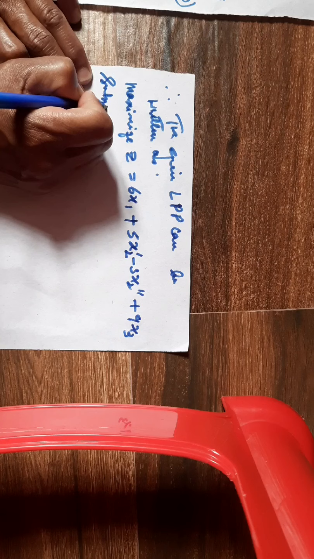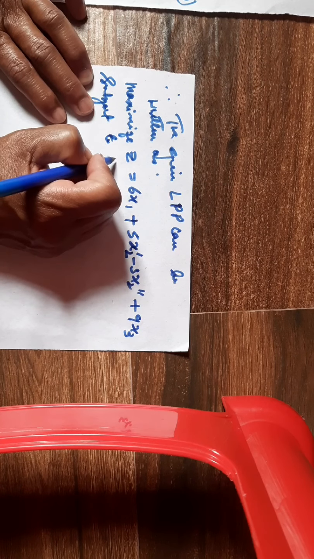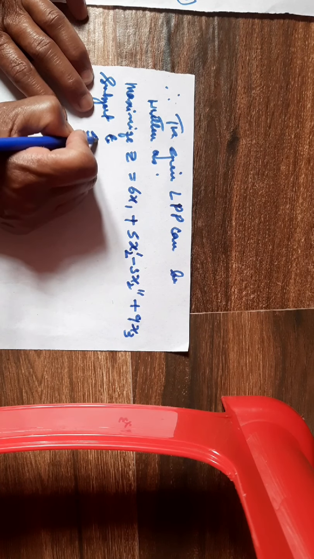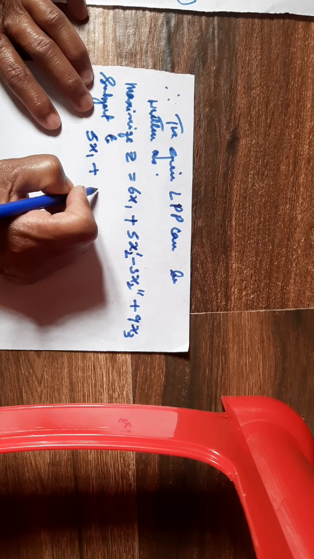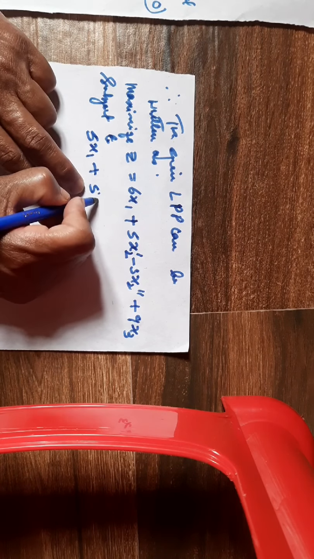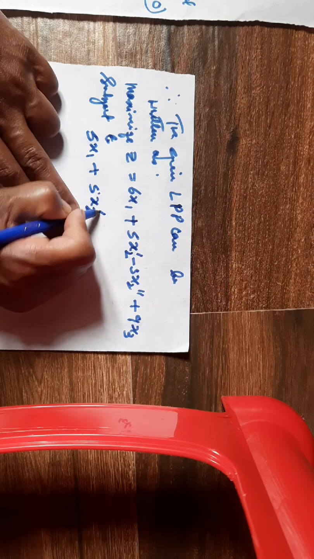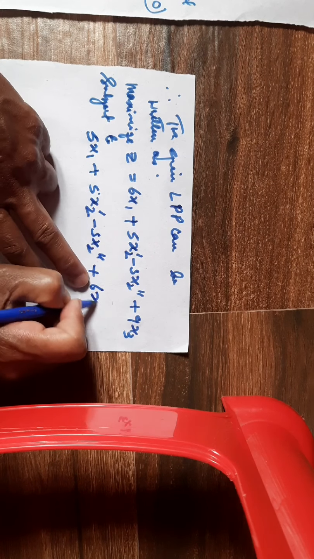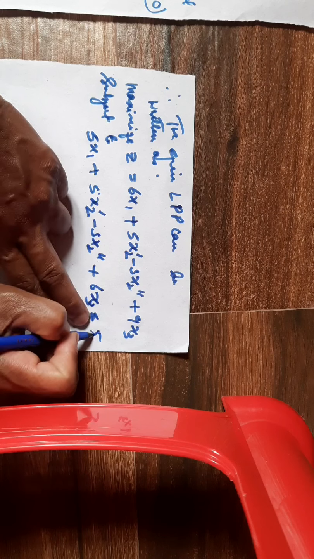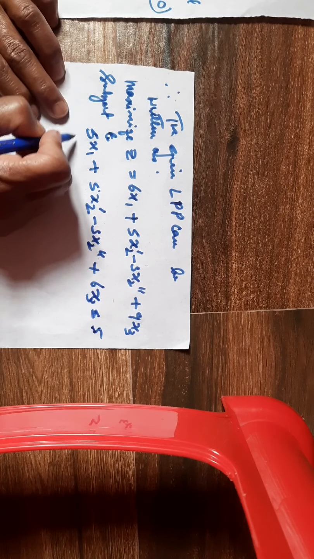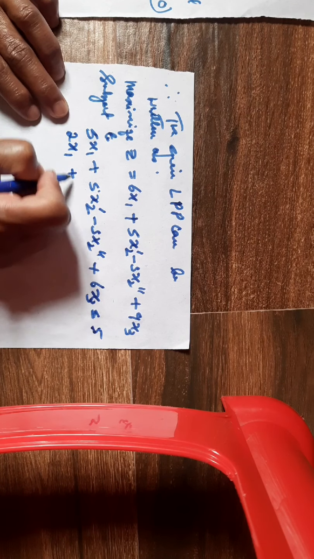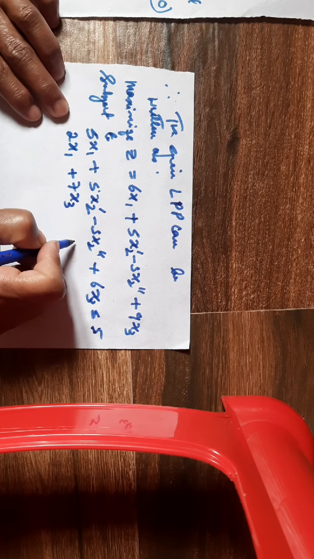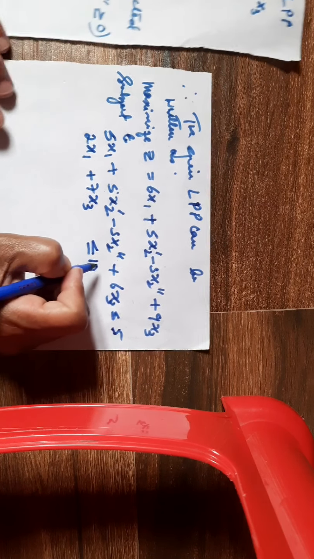subject to the constraints. The first one will remain as it is, 5x1 plus, again here for x2 you replace it by x2 prime, so it will become 5x2 prime minus 5x2 double prime plus 6x3 less or equal to 5. The second constraint is 2x1 plus 7x3 less or equal to 10, which will remain as it is.